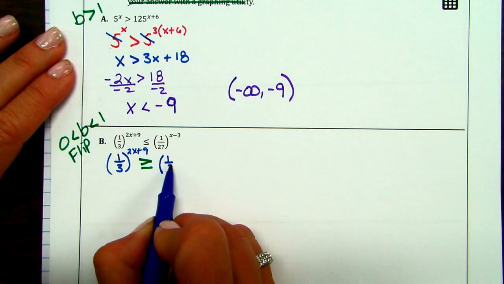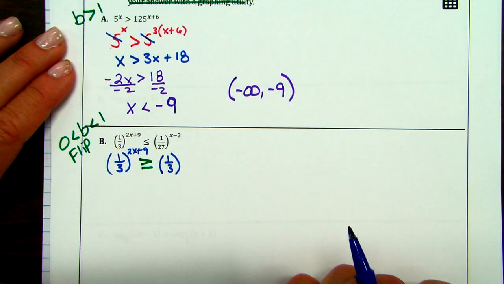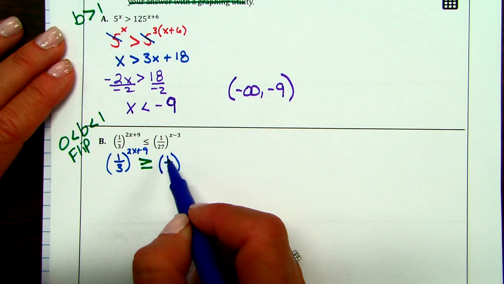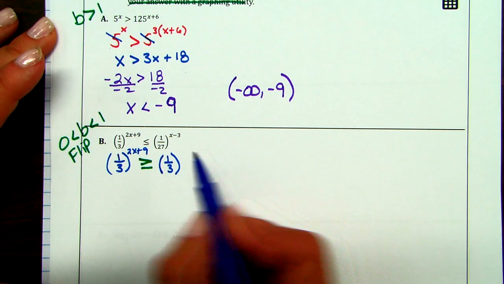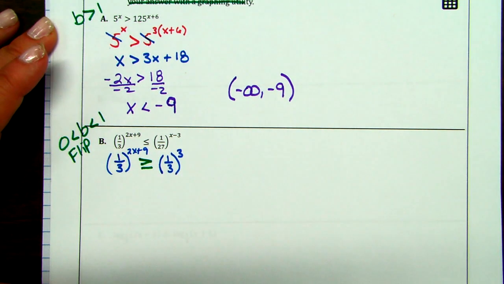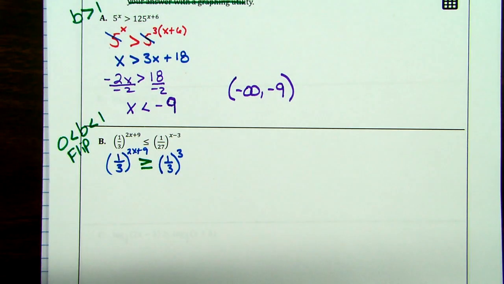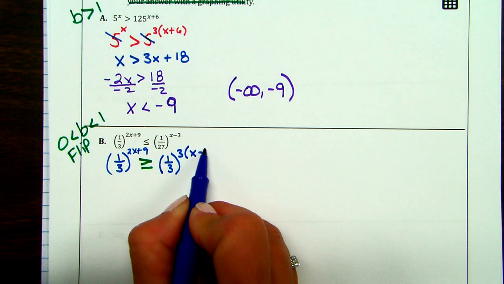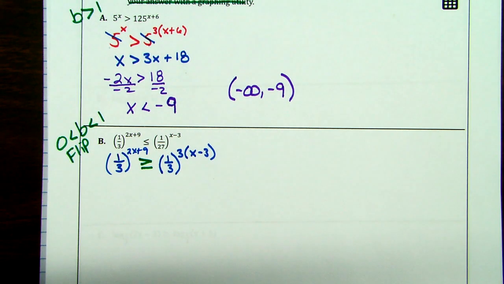So I'm going to say 1/3 here, and 3 to the third power is 27, and it doesn't hurt the top. 1 to the third power is still just 1. So 1/3 quantity cubed is 1/27. But don't forget, we have an x minus 3 up there.